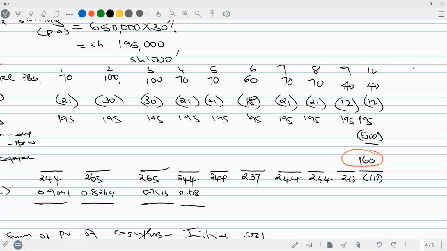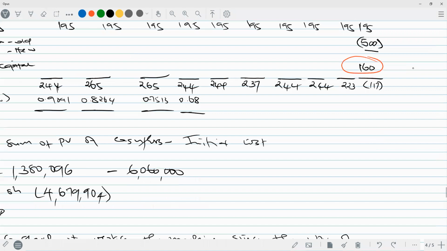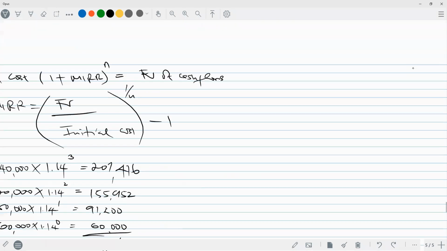Therefore the entire 160,000 is recovered in the final year. If otherwise, then of course you follow what the examiner is telling you. But if it's silent, then you always assume that it will be recovered. The 160,000 will be recovered in the final year. I hope that is clear.